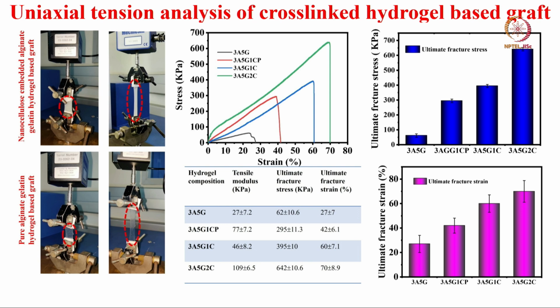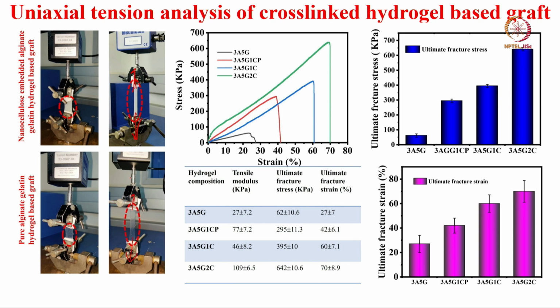Now, uniaxial tension of the cross-linked hydrogel based graft. As I said before, that was compression behavior, and now this is the tensile behavior. On the left-hand side, this is the experimental part, showing how the experiments are conducted. You make this hydrogel, then you put it in the microtensor and pull it under tension.